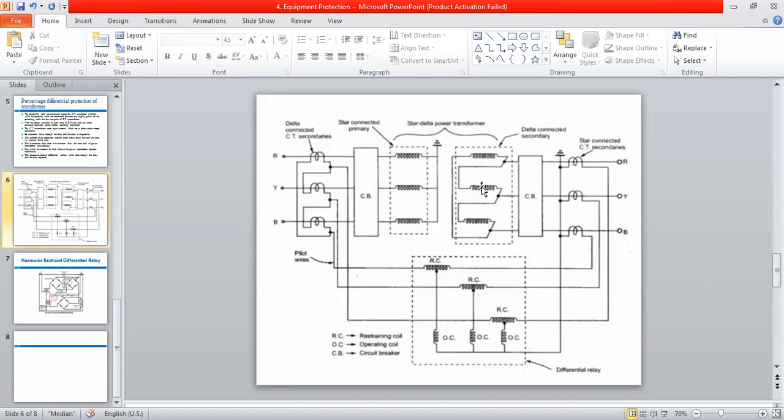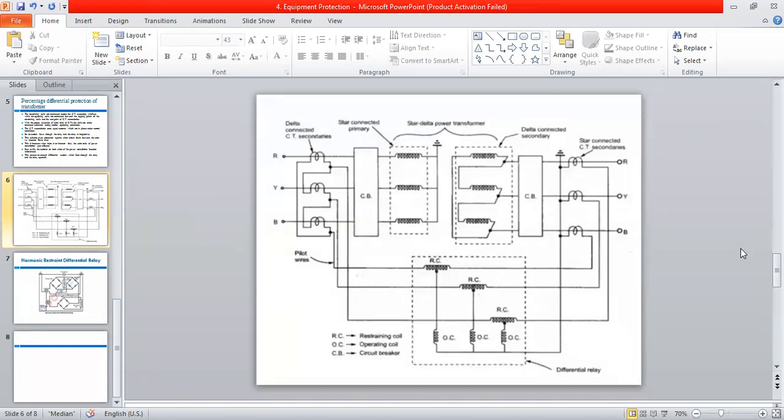Here concentrate once again. We are protecting a transformer. So on both sides, two circuit breakers are there, and on both sides, CTs are there. And these CTs are connected in series with this restraining coil. So can anyone tell me the function of the restraining coil and operating coil? When will these coils operate?